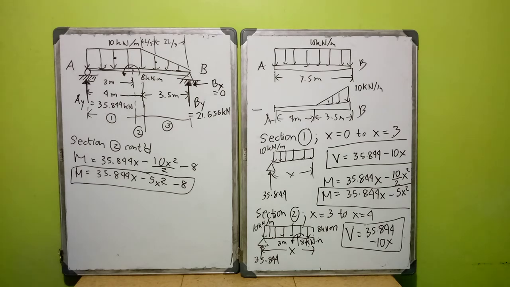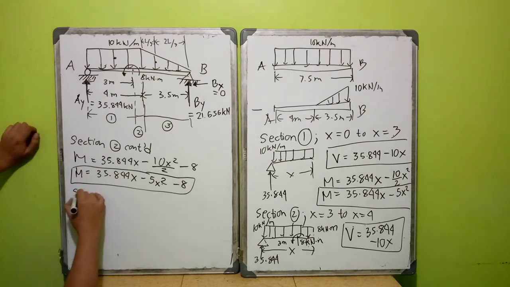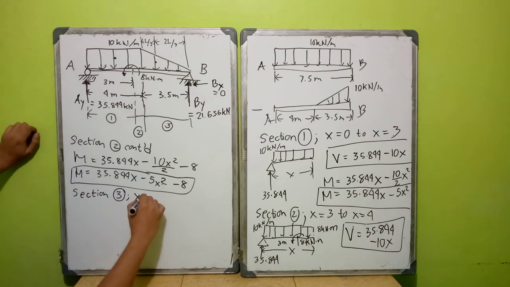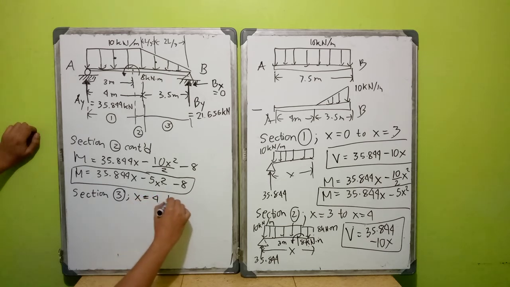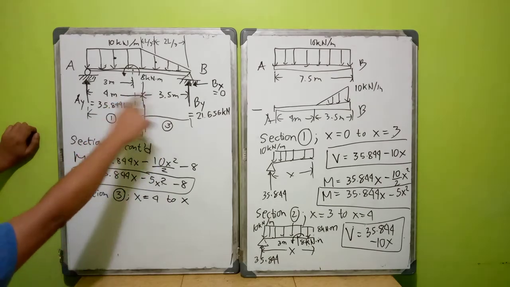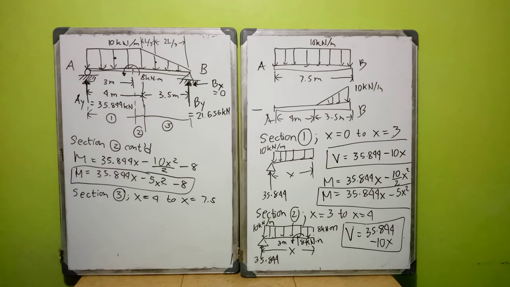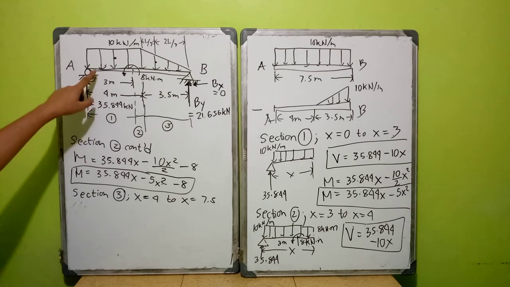So what about section 3? We have section 3 where x starts at 4 and it ends at 4 plus 3.5 is equal to 7.5. So let us use this drawing already.